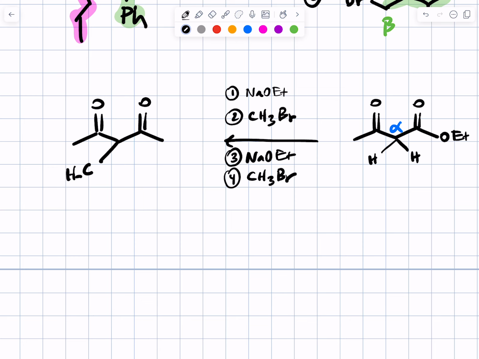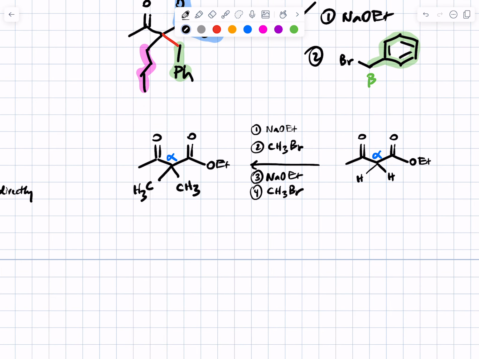Once I install the 2 alkyl groups on the alpha carbon, at that stage, I am done. There is no additional proton that can be removed, so I can't make the enolate to install the 3rd alkyl group.